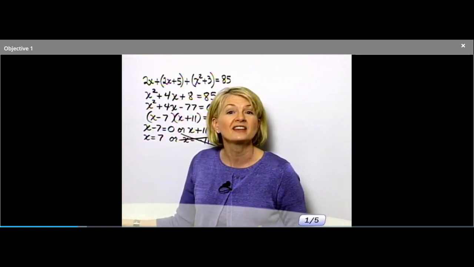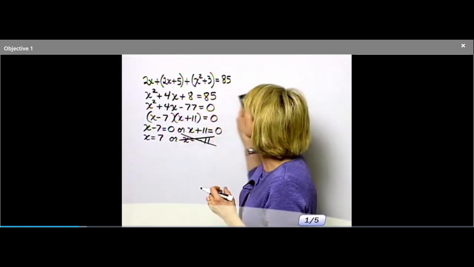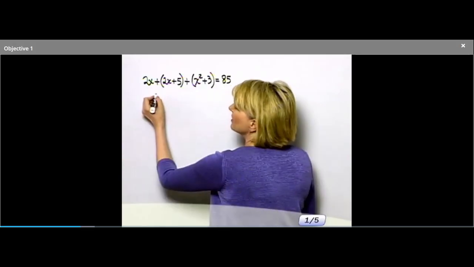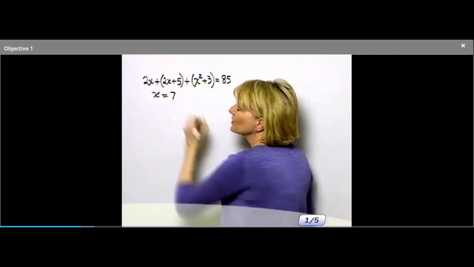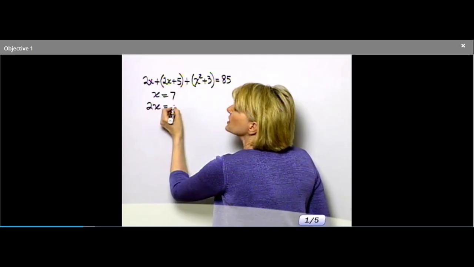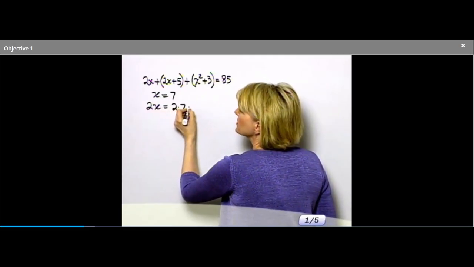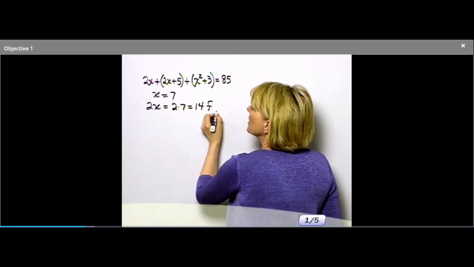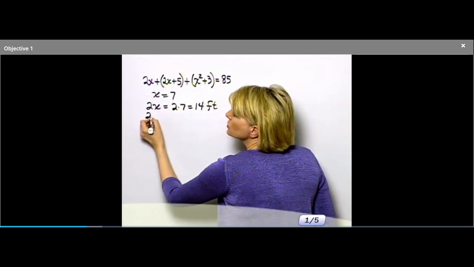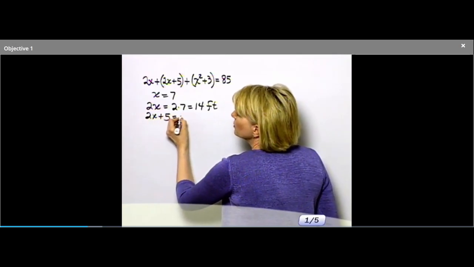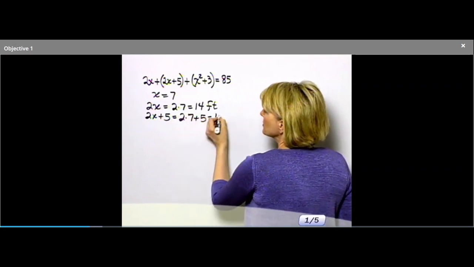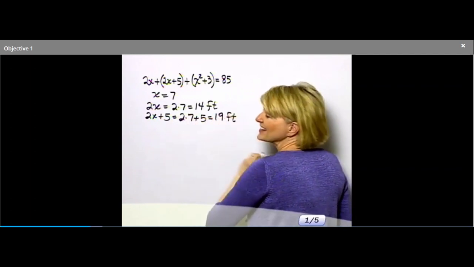We'll only use 7. And now let's use 7 and get to the lengths of the sides of the triangle. Remember, one length was side 2x, which in this case is 2 times 7, which is 14, and then we were in feet. Also, a second length was 2x plus 5, which is 2 times 7 plus 5, 14 plus 5, that's 19 feet.